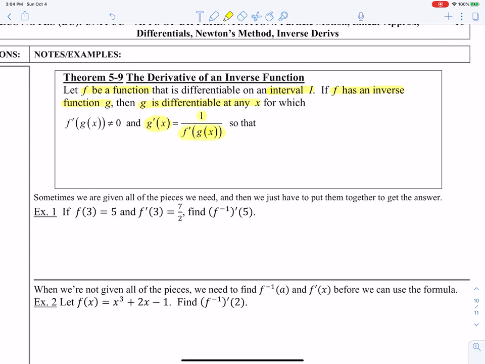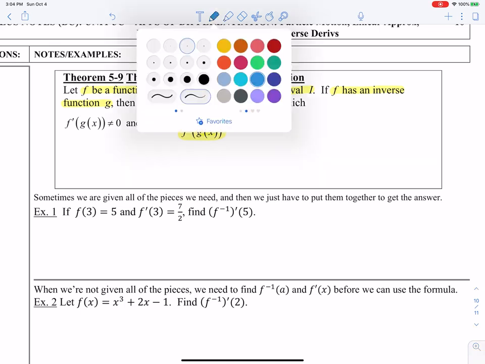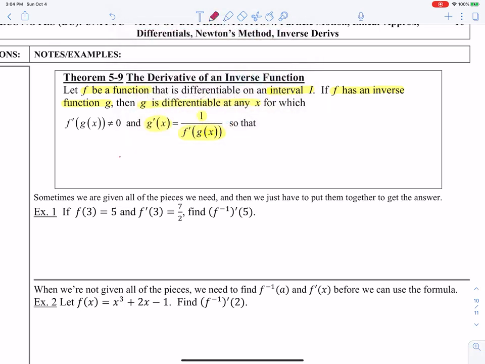And so if you were like me, you're looking at this and going, what? So let's write it down in symbols we know. If I want the derivative of an inverse function at a value a, we will go 1 over f prime of f inverse of a.